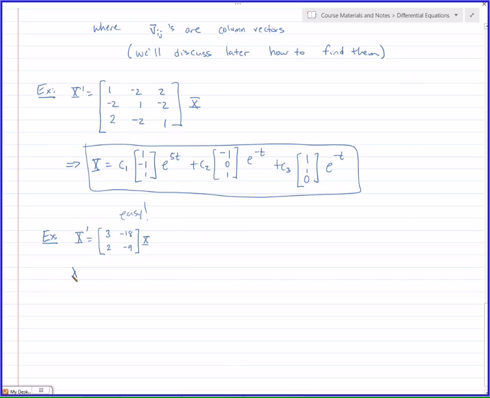So, lambda 1 is equal to -3, multiplicity 2, and we only get one eigenvector, v1, which is 3, 1.